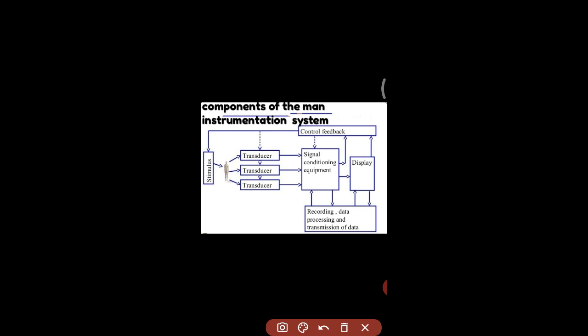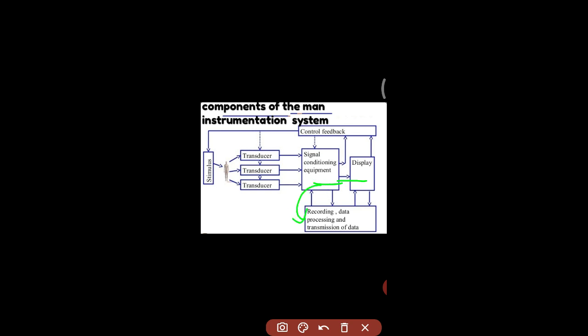The purpose of the signal conditioning element is to process the signal from the transducers in order to satisfy the functions of the system and to prepare the signals suitable for the operating display or recording equipment. So the output is connected to the display as well as the recording equipment.